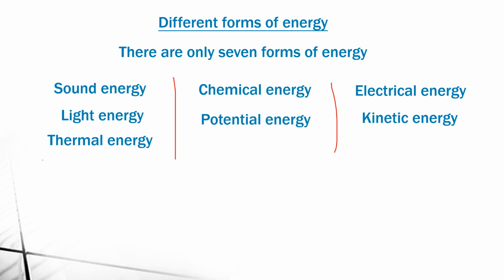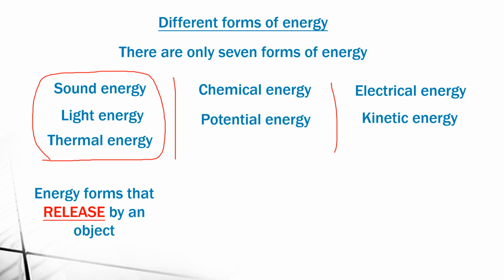Look at the energy forms here: sound energy, light energy, thermal energy. What is common to these three forms of energy? Usually, they are released by an object, 釋放出嚟嘅 energy. Now how about these two, chemical energy and potential energy?